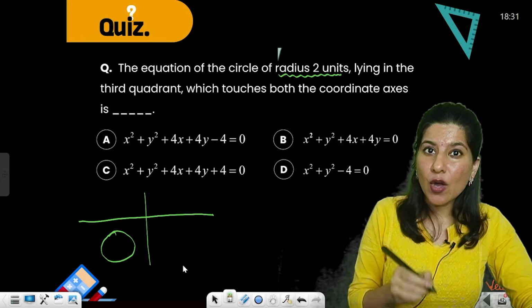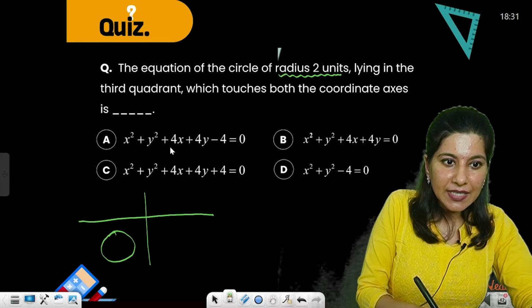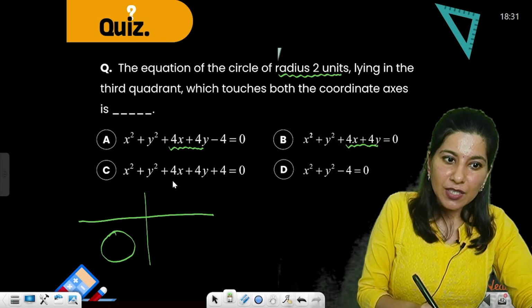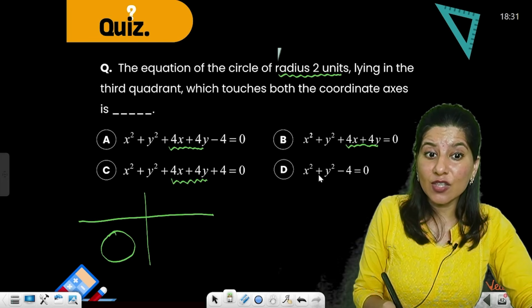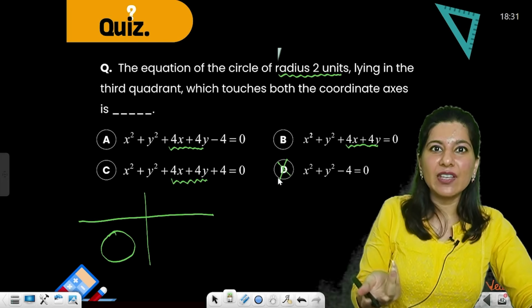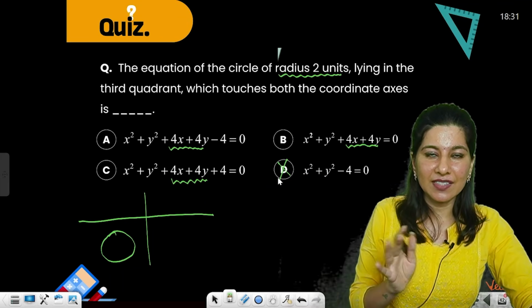So you can do it by option elimination as well. Here the center is minus 2 comma minus 2. Here also the center is minus 2 comma minus 2. Here also. Here the center is 0 comma 0, so option D is wrong. But A, B, C we are not able to eliminate, because every option has negative x and y for the center.